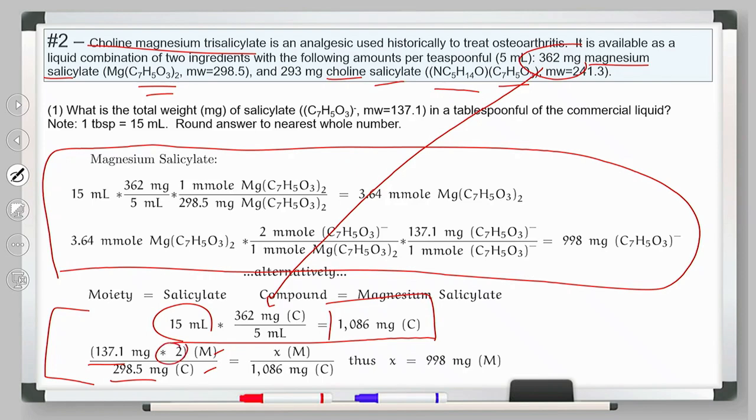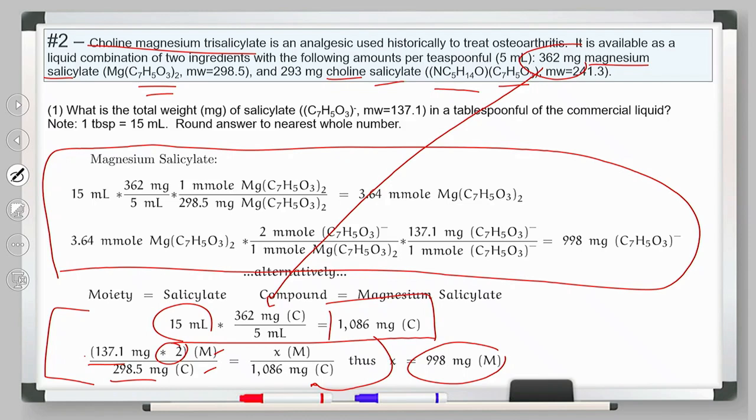If you're going to set up the ratios of the molecular weights of the moiety to the compound, since you have 2 moieties in the compound, you have to multiply the moiety molecular weight by 2. If you have 137.1 times 2 above 298.5, set that equal to X over the amount of compound that you have, you will determine that you get 998 milligrams of salicylate, the moiety.